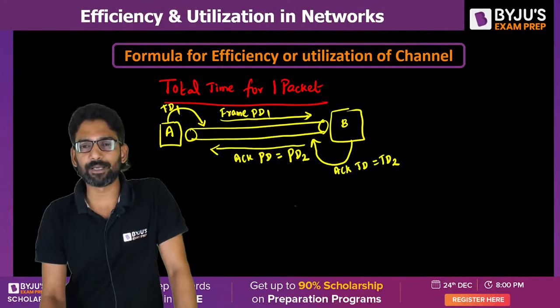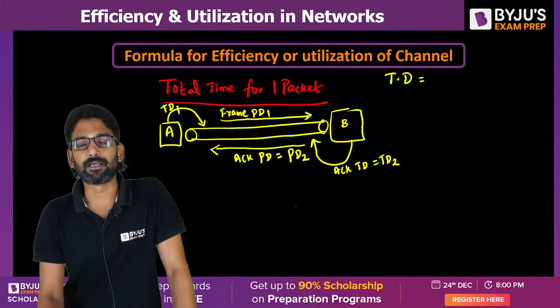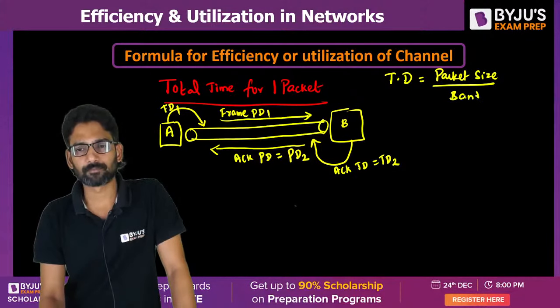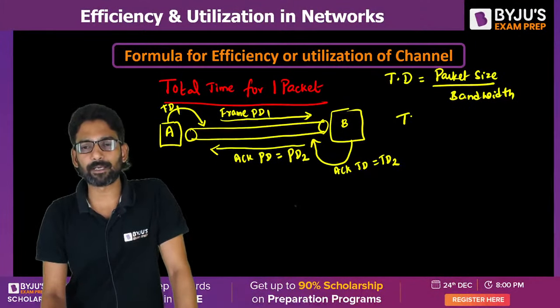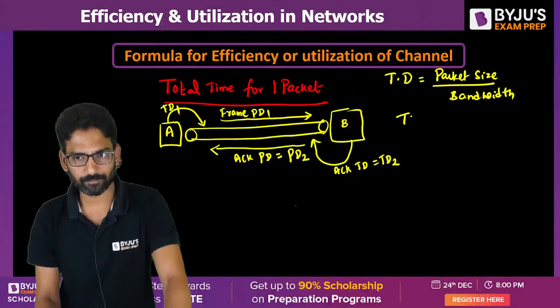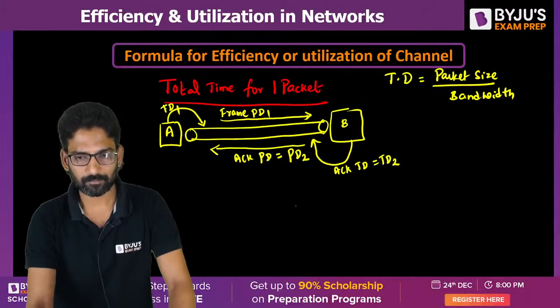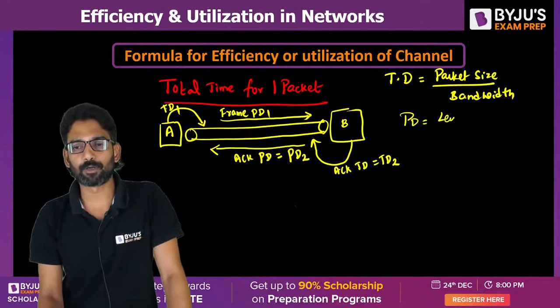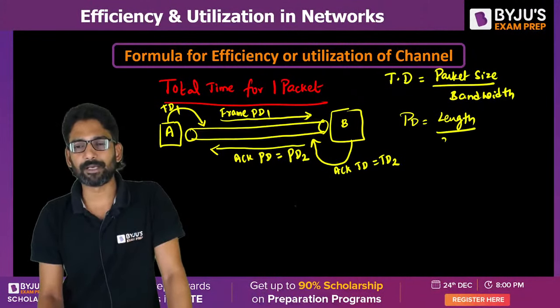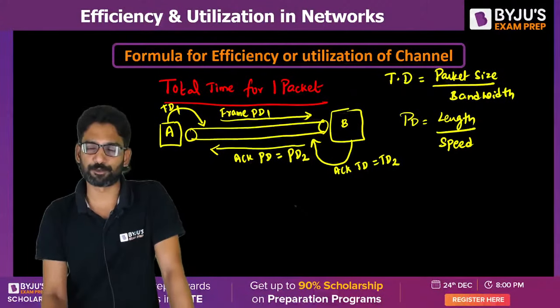How we calculate transmission delay? It is the packet size upon bandwidth. And how we calculate propagation delay? It is the length of the channel upon speed, or distance by velocity, regular time calculation.